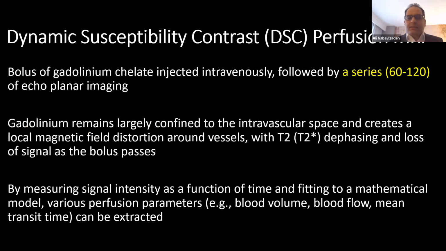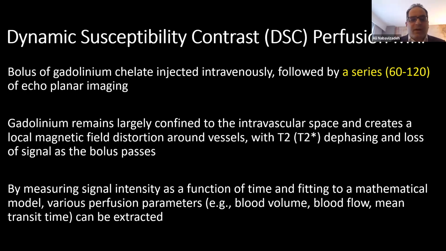Starting with DSC, we basically infuse a bolus of gadolinium intravenously, followed by a series, usually somewhere between 60 to 120 series, of echoplanar imaging. And because gadolinium is injected at a very high rate with a large gauge venous catheter, we have high concentration of gadolinium in the vessels.